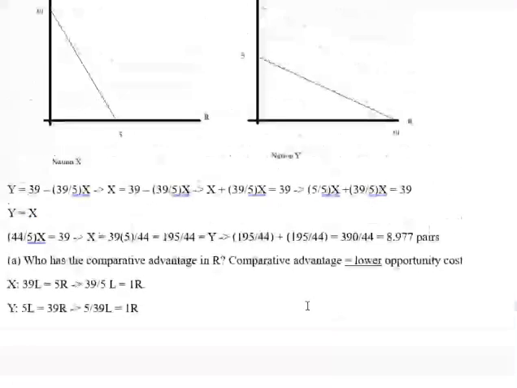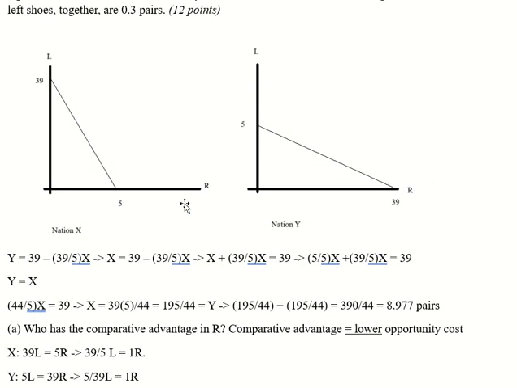For this question, I saw a lot of nonsense. So at the very least, you should be able to see that for each country, the number of pairs should be between 0 and 5. So you need both a left shoe and a right shoe to make a pair. And nation X can make at most 5 right shoes. There's no way they're making more than 5 pairs.